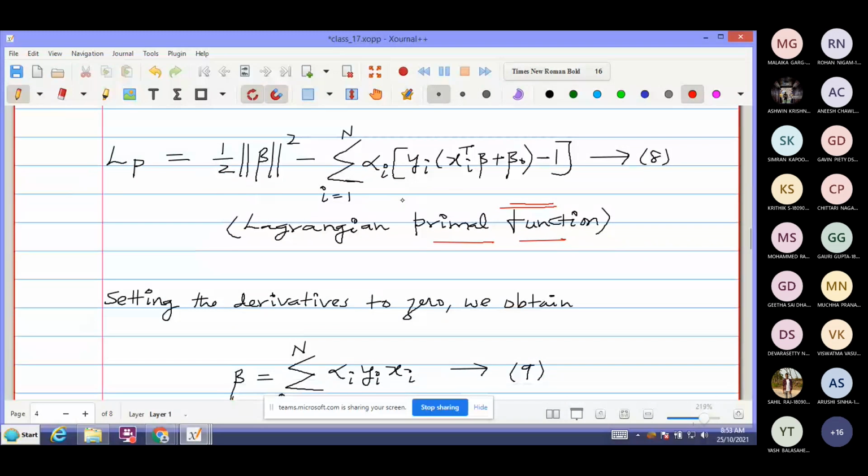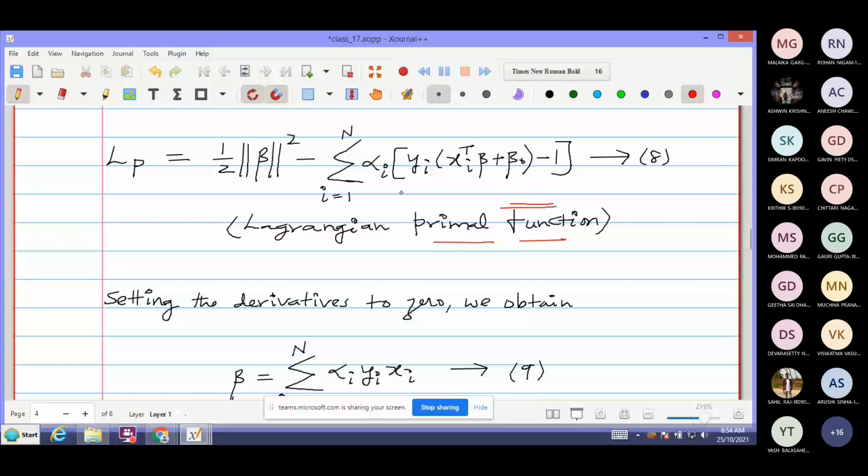Let us try to know what is the role of alpha i's here. Alpha i's are as many as your data points. The number of alphas is the same as the number of data points that you have, n data points in the training data set.